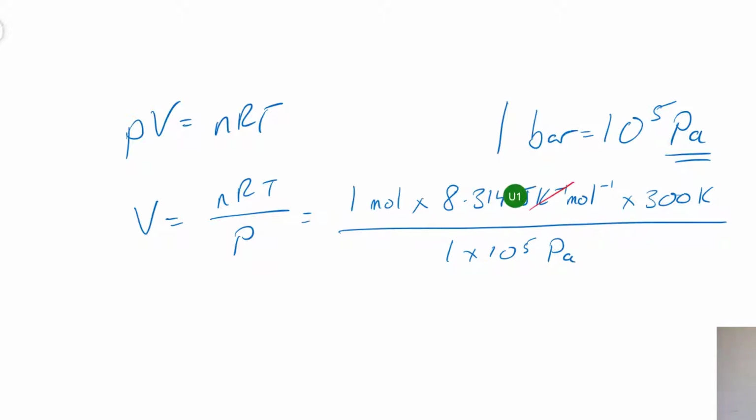All right, so my per Kelvin and Kelvin will cancel, my mole and my per mole will cancel, and I'm left with joules divided by pascals. But when we reduce those to SI units, we'll end up with meters cubed, because it'll be in SI units.